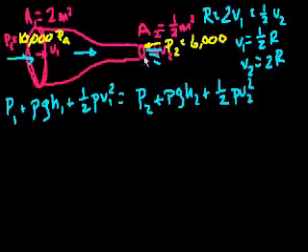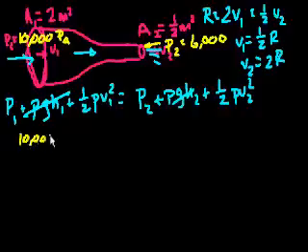Well, this pipe is level, right? The height at either end is the same. So h1 is equal to h2, so these two terms are equal and we can cross them out. We can subtract that value from both sides, and we're just left with P1. And what's P1? P1 is 10,000 pascals, so let's start substituting numbers.